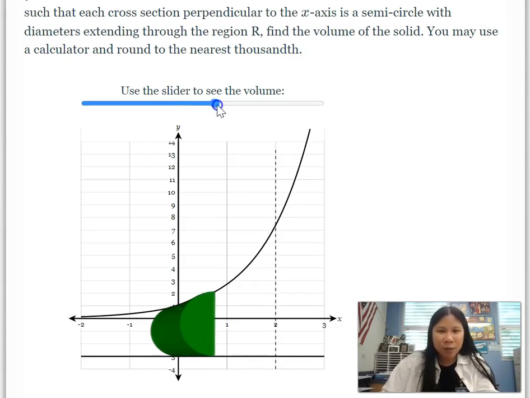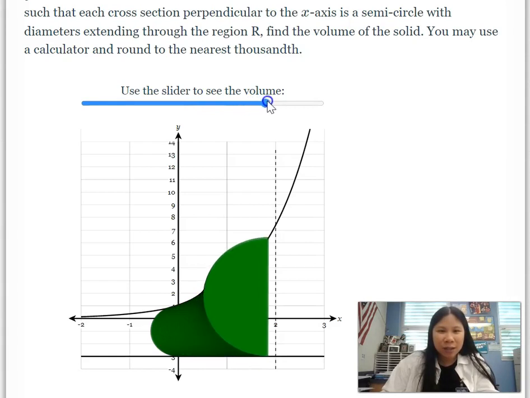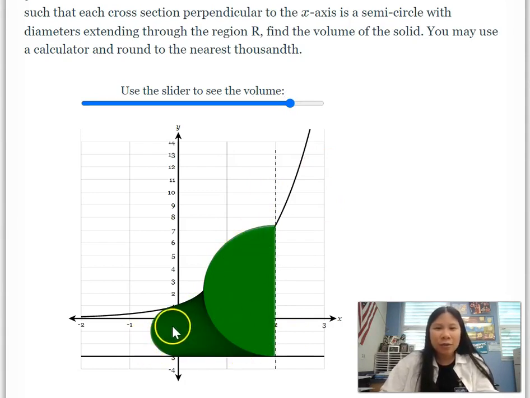So as you build all your semicircles all the way across, and then that's our last one, because that's where it ends at x equals 2. And so when we set up our integral, that's when we're calculating the total volume of each of those slices added together.